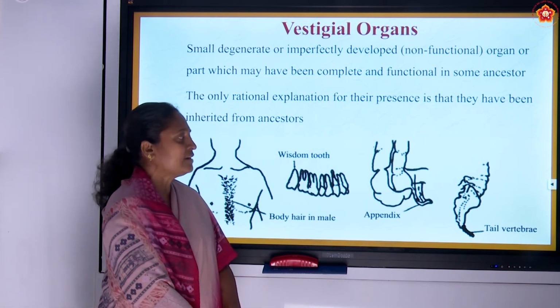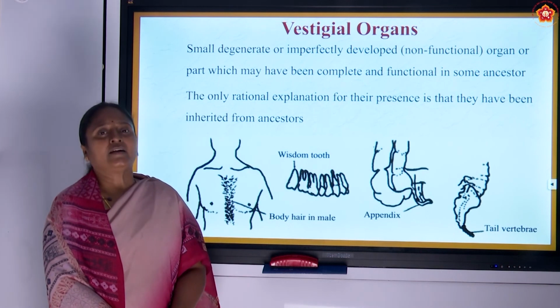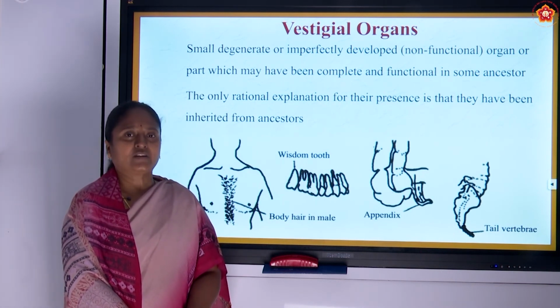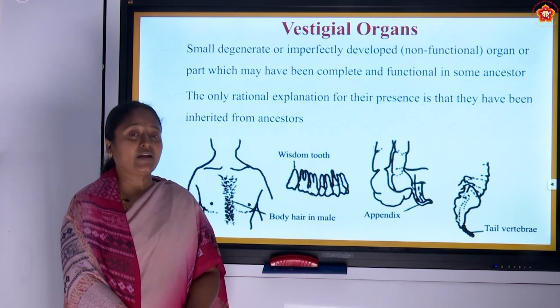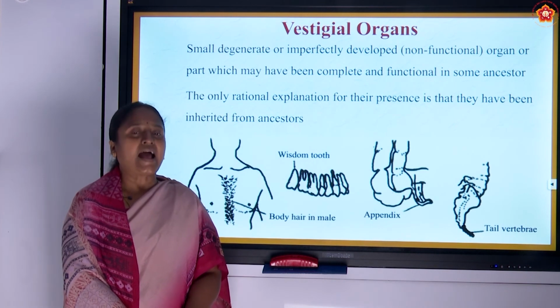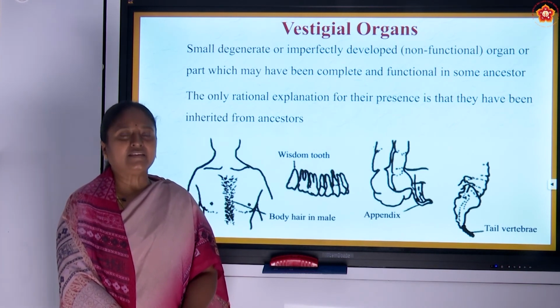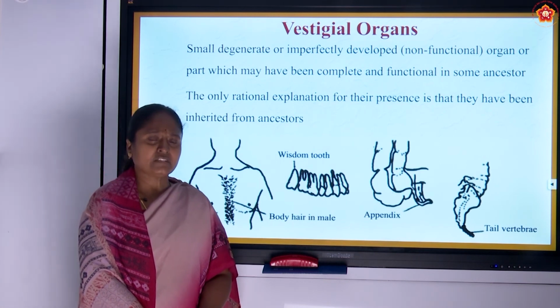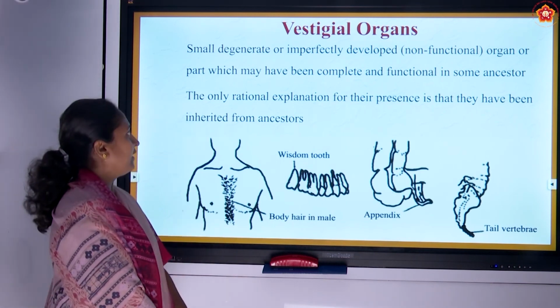Then the tail vertebrae: even though we don't have a tail, we do have vertebrae which continue in the tail region. When we are in the embryonic stage, we do have a tail, but as we develop into a fetus, we lose the tail vertebrae.